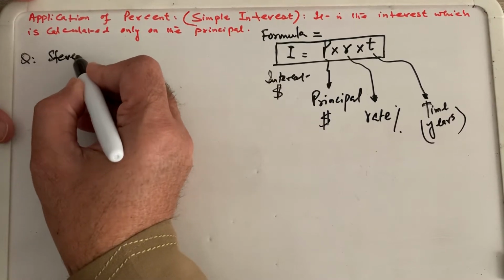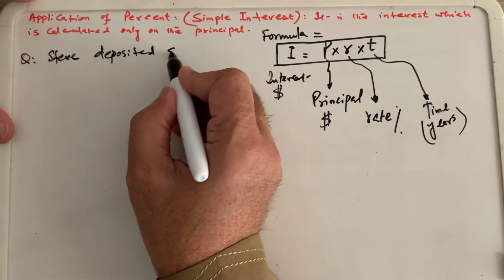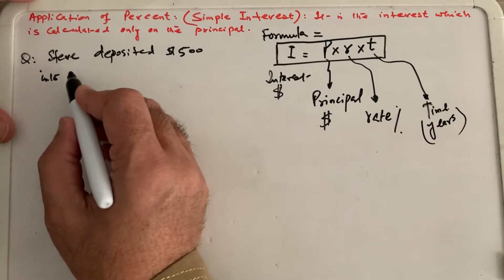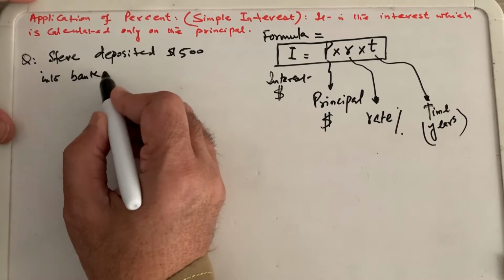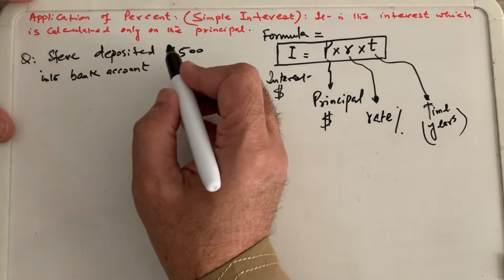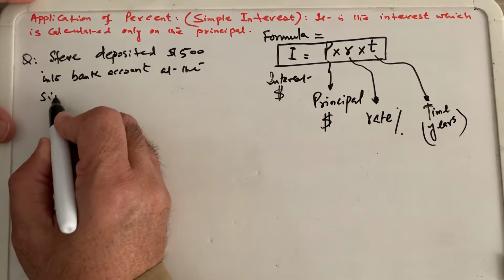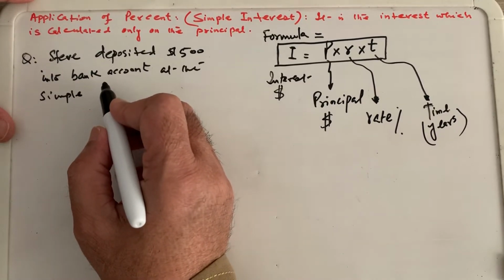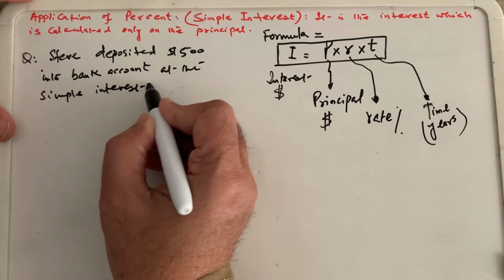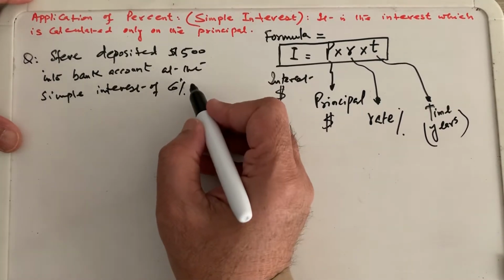Let's say that Steve deposited $500 into a bank account at the simple interest rate of 6%, right?